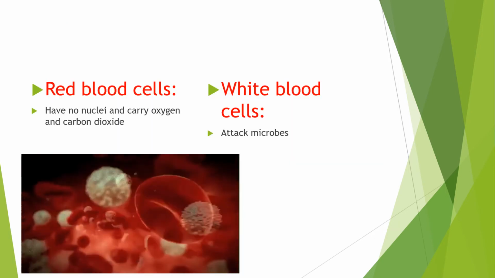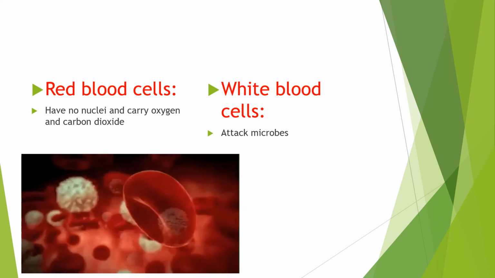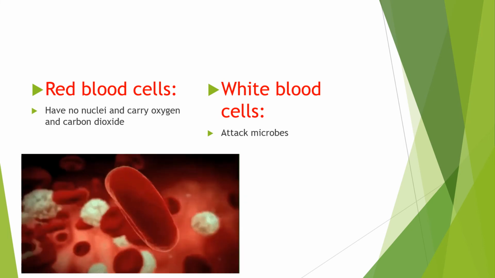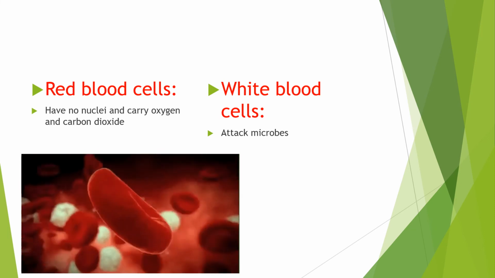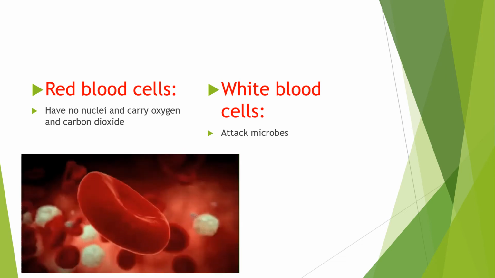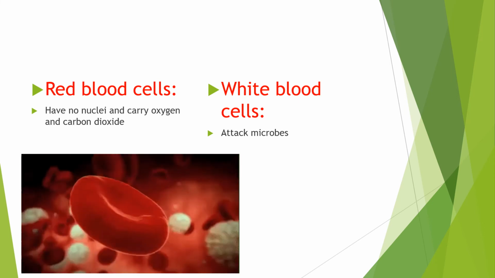Now, let's go to the function of each blood component. The red blood cells, they are cells, but they have no nuclei. They carry instead the oxygen and the carbon dioxide inside it. So they are cells without nuclei. They carry oxygen and carbon dioxide and transport them throughout your body.